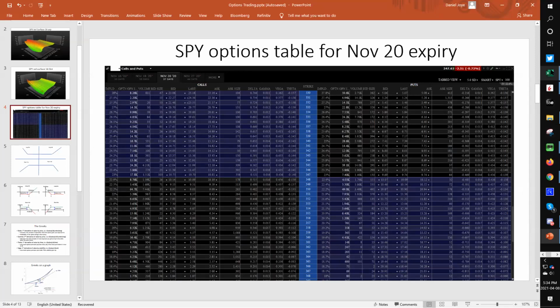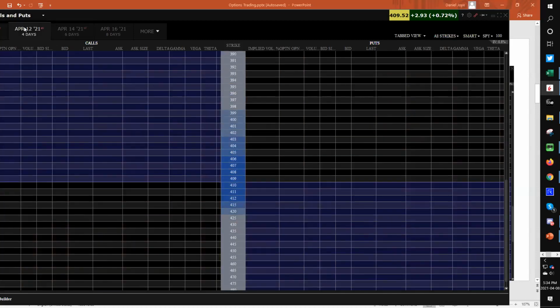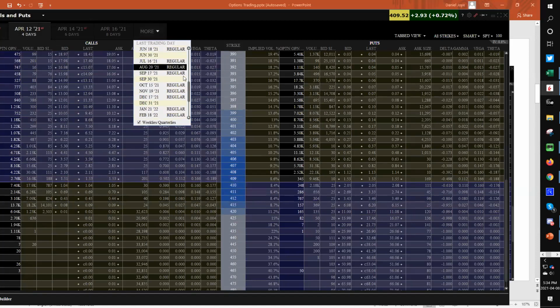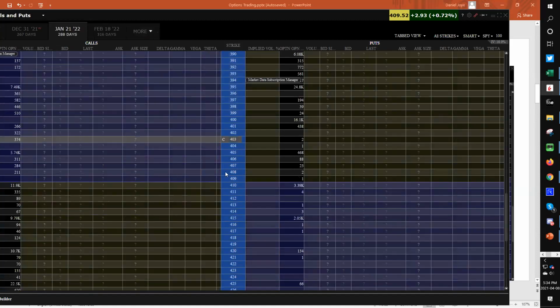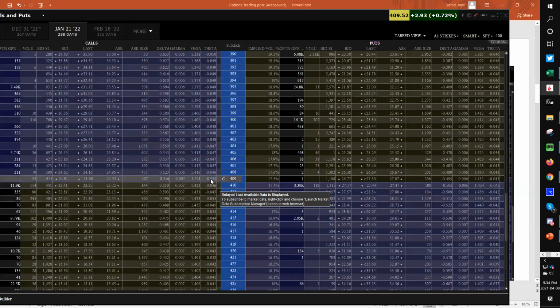If I go back to my more recent things here, you're going to see that if I'm 4 days to expiry, my theta is going to be higher on my at the money option. I'm at 18 or 19 cents. If I go to my January one, you've got to think about it in percentage terms. It's going to be 4 or 5 cents here.